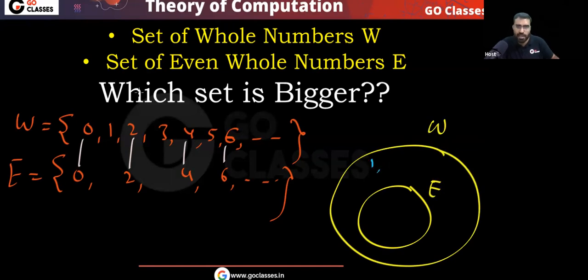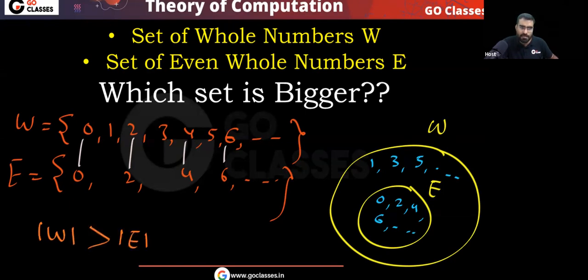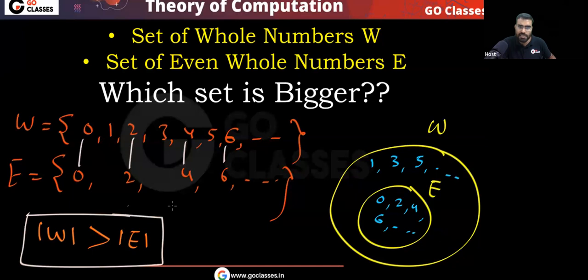W has some extra elements. Do you agree with me? So can I say W cardinality will be greater than E cardinality? Can I say W is bigger?